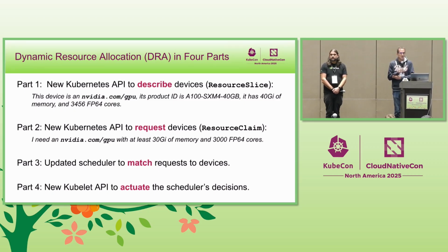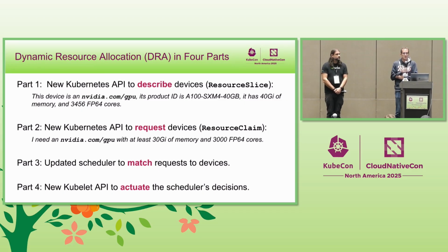That's not very expressive. With resource slices, we have a way to list devices. Each device can have attributes. An example might be an NVIDIA GPU with a certain amount of memory as an attribute, a certain number of compute cores. That's how the scheduler is informed about what's available.